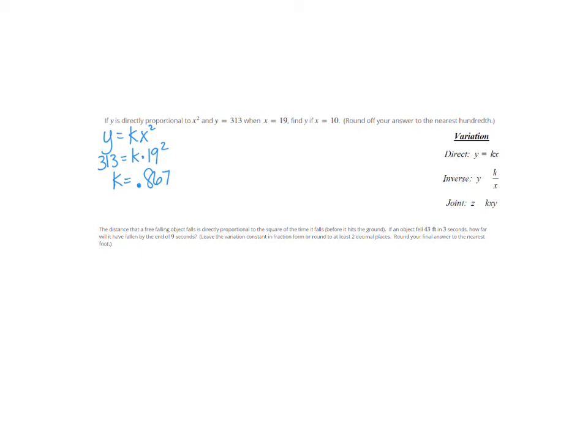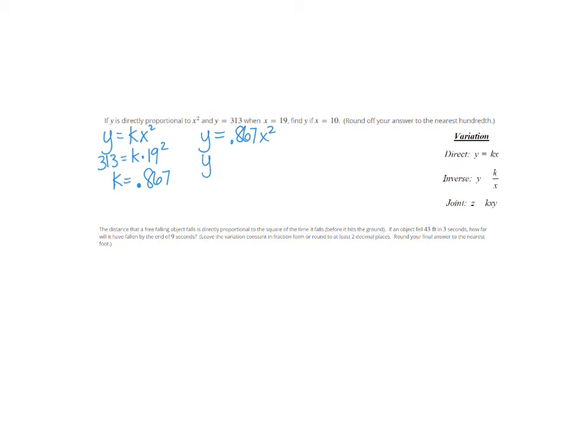All right, so now I figured out the k value for this particular situation. So I am going to rewrite my formula now. I'm going to write a better formula. It's now y equals 0.867 x squared. And that's the relationship we have in this scenario. I'm going to use that in the second part, because in the second part they give you something to search for. The second part says find y if x is 10.